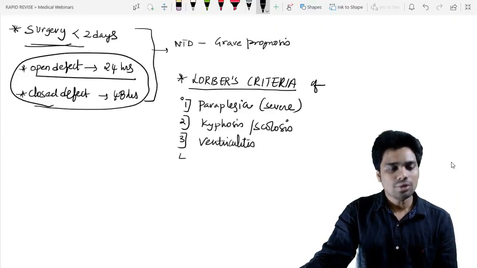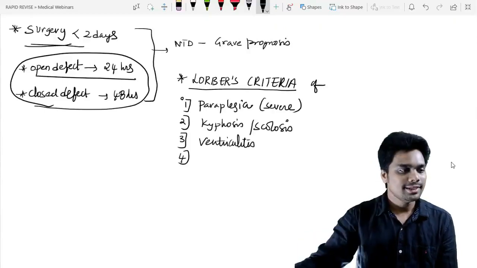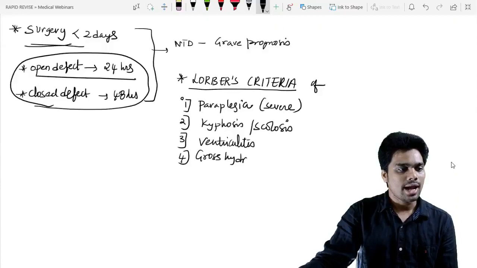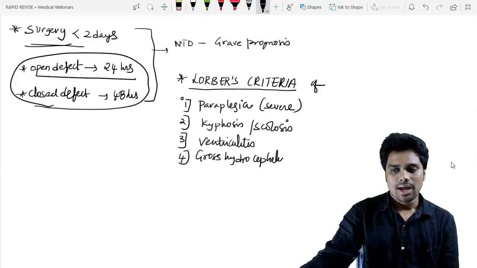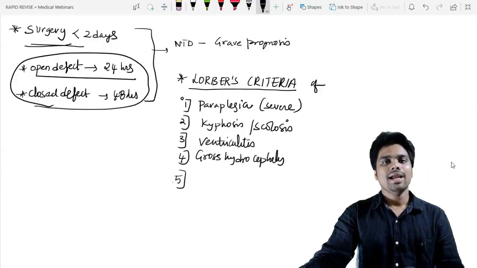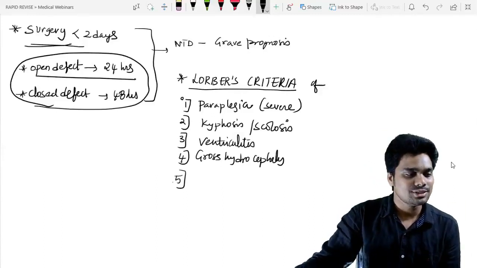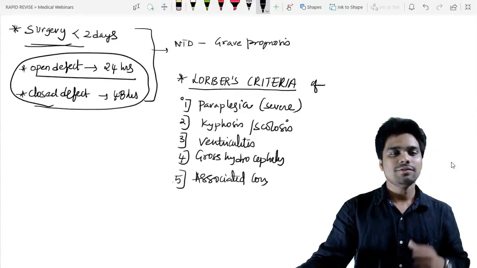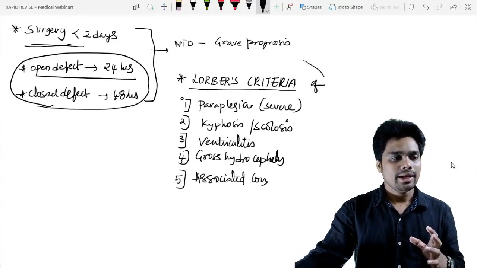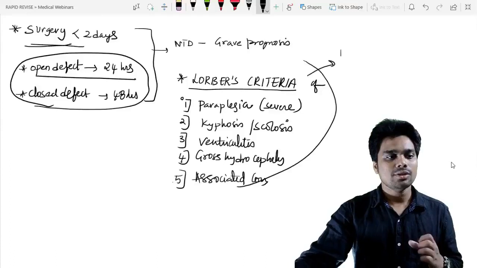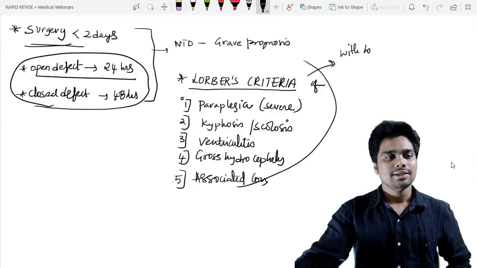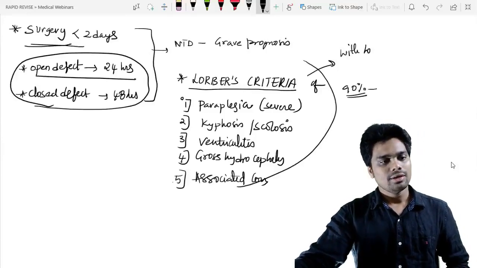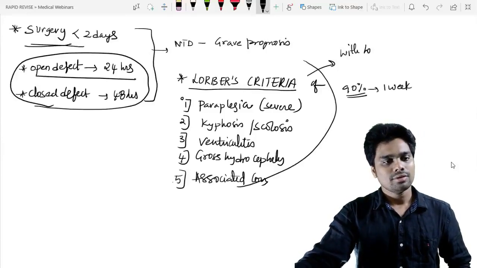The fourth entity is gross hydrocephalus. And if the child is having any other associated congenital anomalies. In all these 5 scenarios, it is better to withhold surgery. The reason is there is 90% chance of death within 1 week of birth.